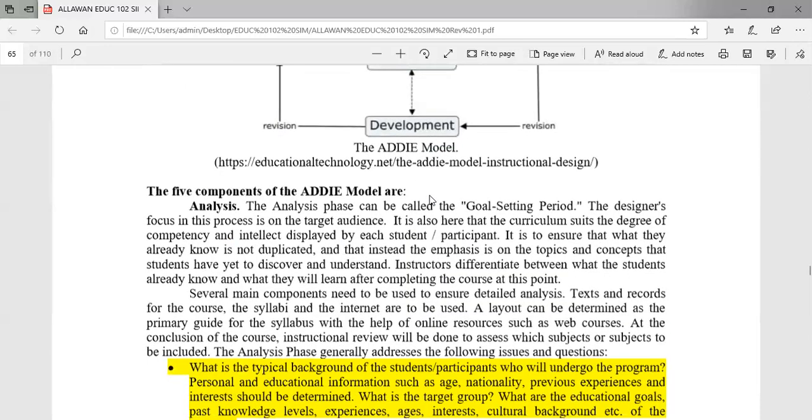The first is the analysis. This is the phase called the goal setting period. It is the first one.